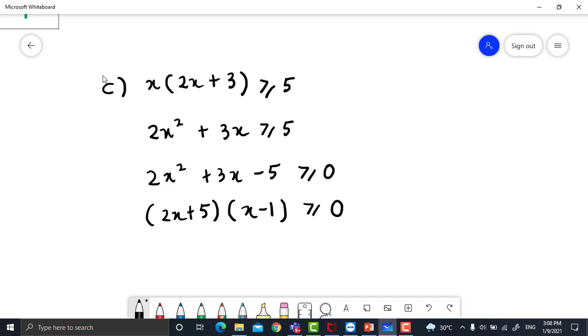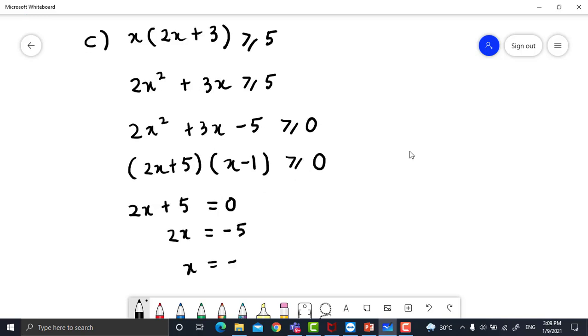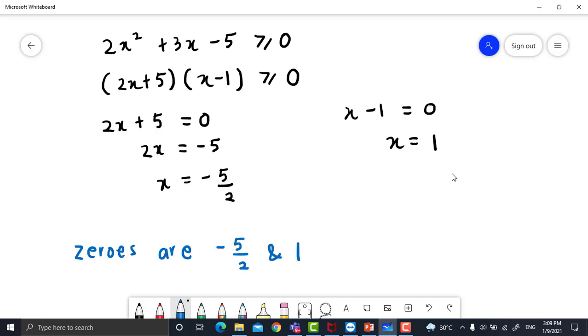Find the zeros. 2x plus 5 equal to 0, 2x equal to negative 5, x equal to negative 5 over 2. x minus 1 equal to 0, x equal to 1. Zeros are negative 5 over 2 and 1.